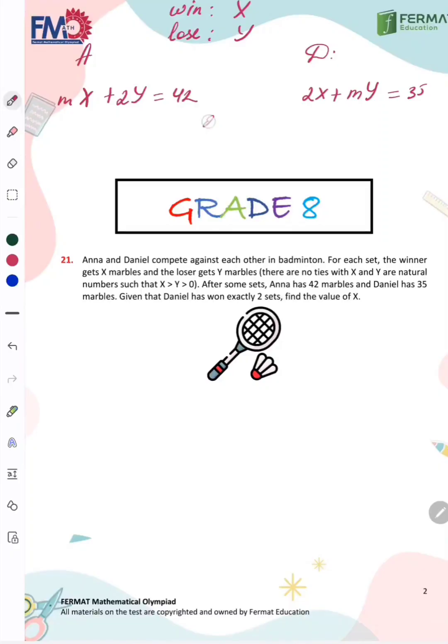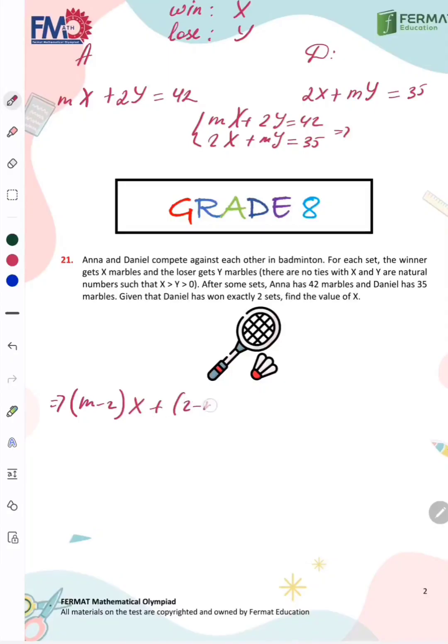Now let's write it next to each other. MX plus 2Y equals 42. 2X plus MY equals 35. If we subtract, what we get is (M minus 2)X plus 2Y minus MY equals 42 minus 35, which is 7.